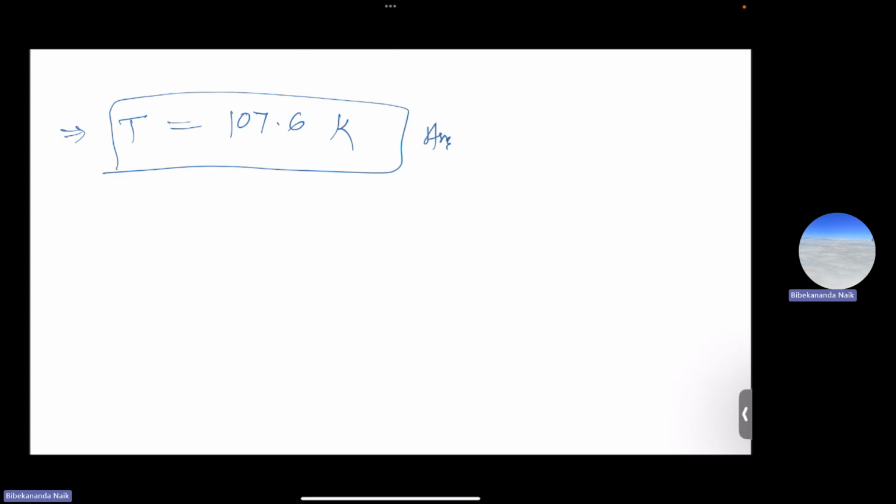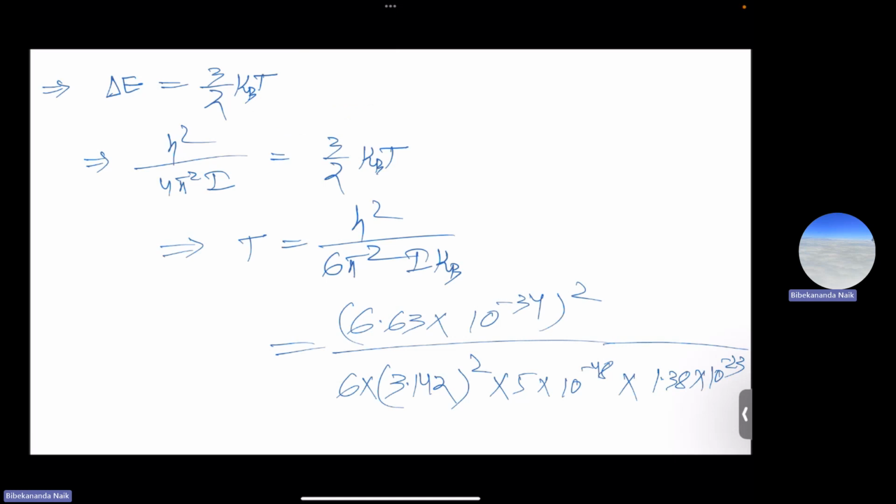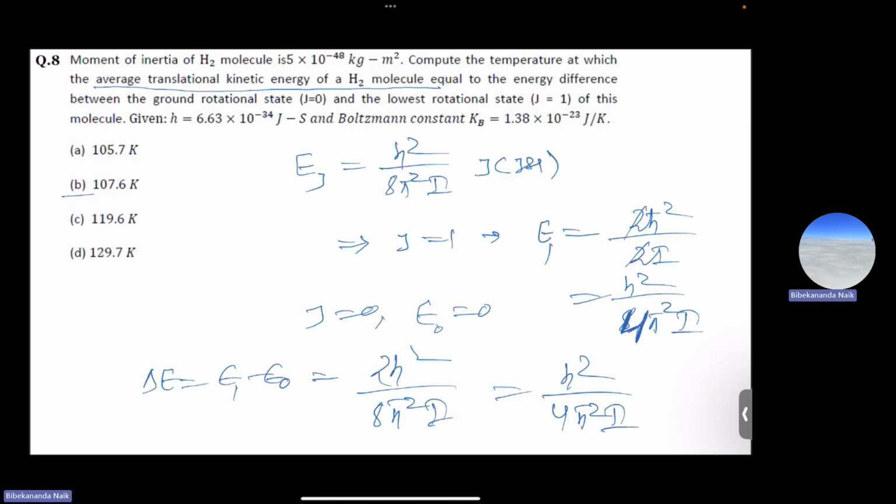If you calculate it, the temperature will be 107.6 Kelvin. So this is the correct answer, 107.6 Kelvin. So option B is the correct option.